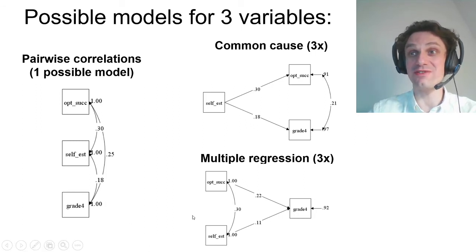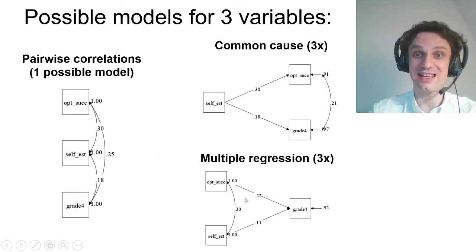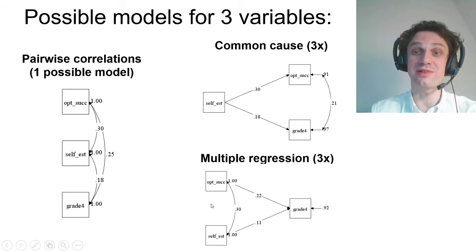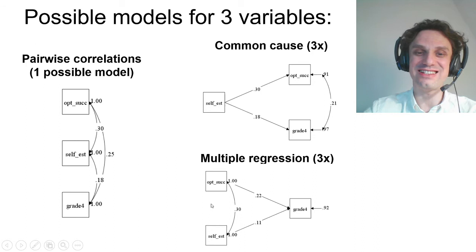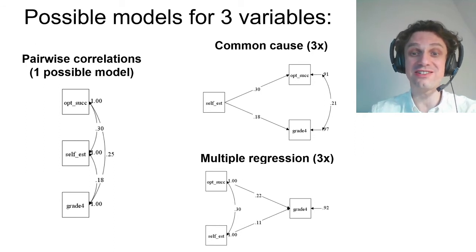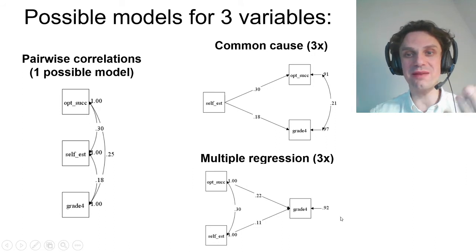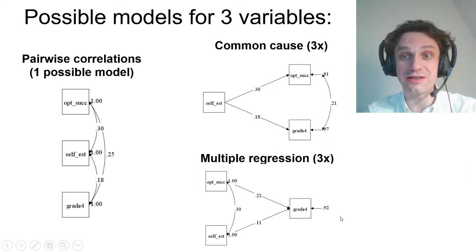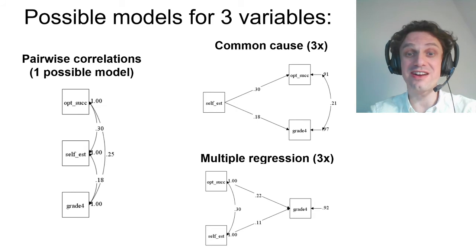The second type of model that we are going to explore today in very much detail is called multiple regression. It is a situation when we have several predictors and an outcome variable, and we want to separate the variance of outcome variable into the variance associated with different predictors.